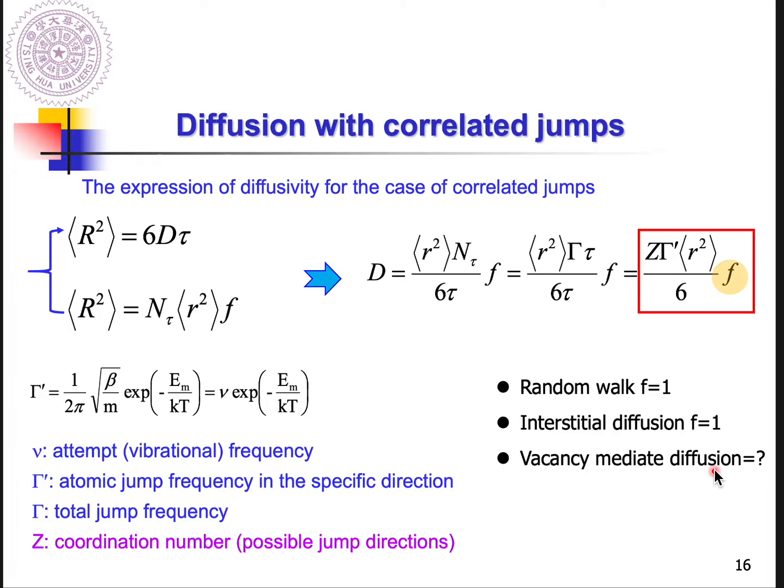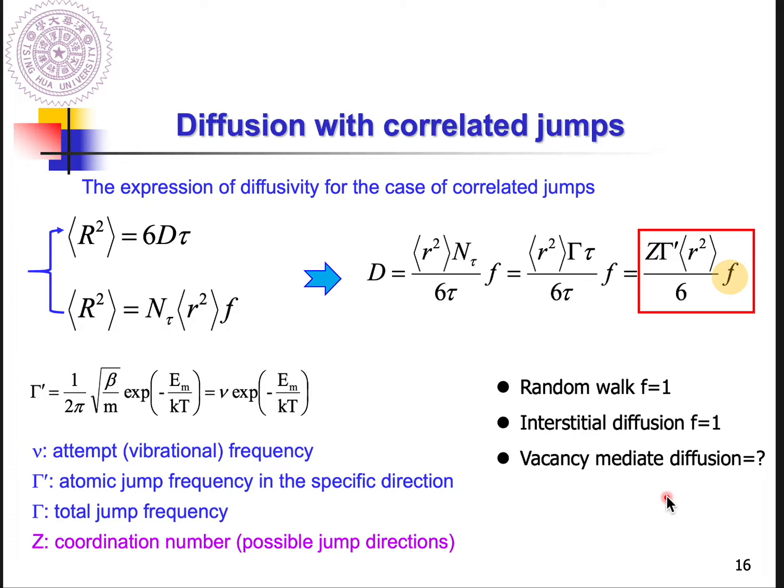That means the diffusing atom at a substitutional site needs to exchange sites with a surrounding vacancy. So first of all, there must be a vacancy nearby these diffusing atoms. Then that will allow these atoms to jump in or exchange sites with that vacancy, right? So in this kind of situation, there is some limitation for these diffusing atoms.